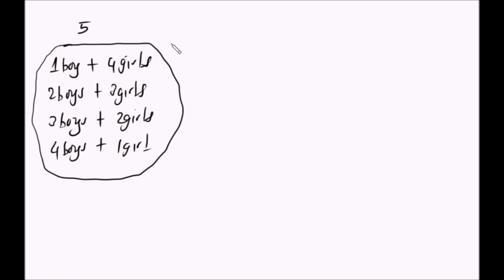So remember, initially we have 7 boys and 4 girls. In our first case, if we select 1 boy out of 7, the number of selections is 7 combination 1. And if we select 4 girls out of 4, how many selections are we going to have?